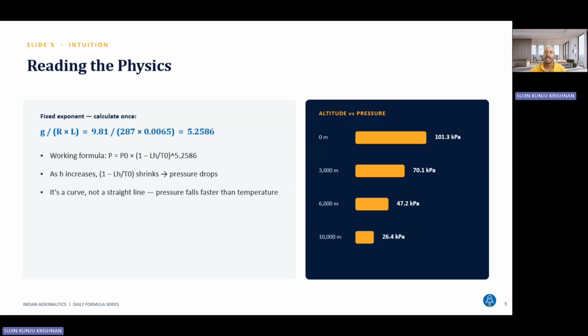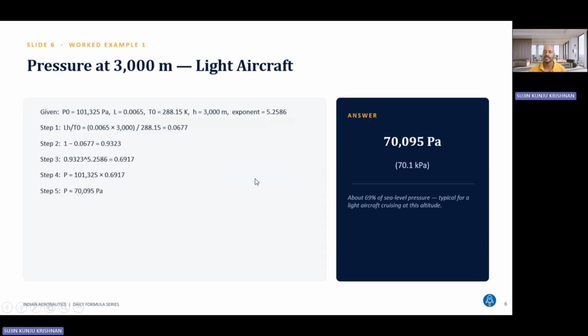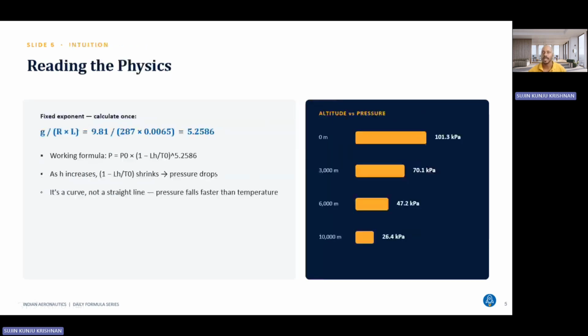Now the intuition. As the altitude H increases, the fraction LH over T0 increases. So 1 minus that fraction gets smaller, and a smaller number raised to a power gets smaller still.